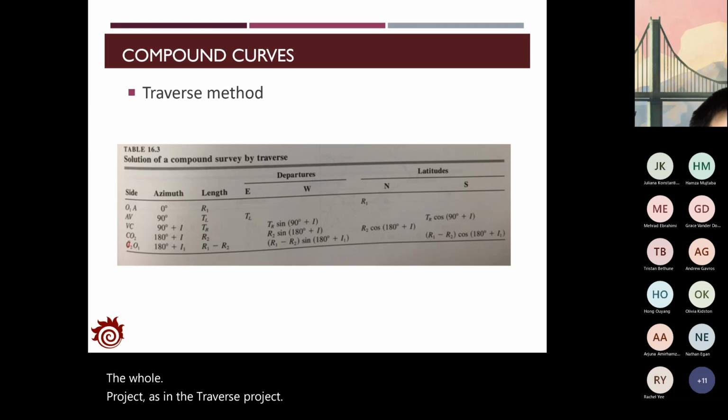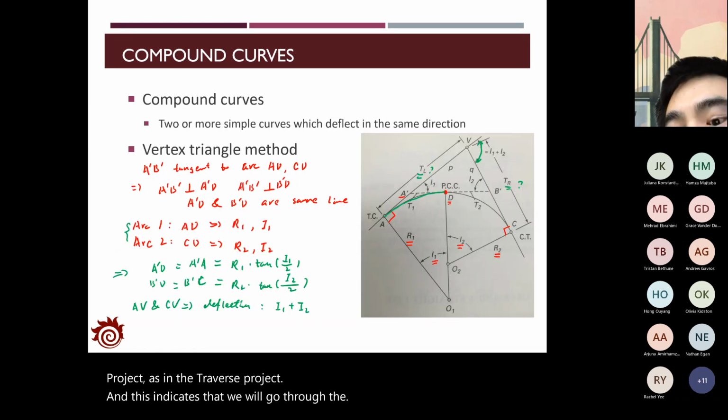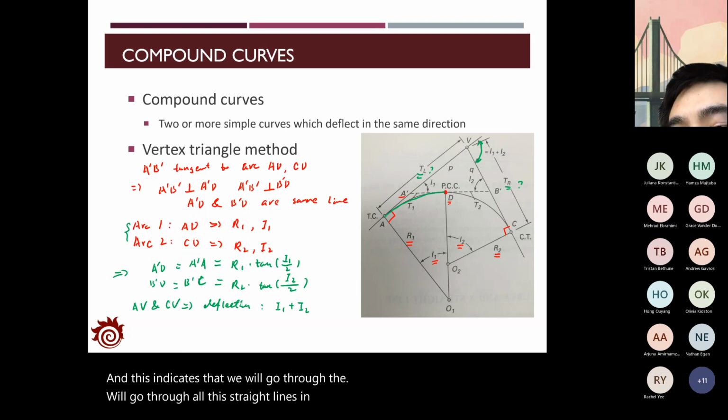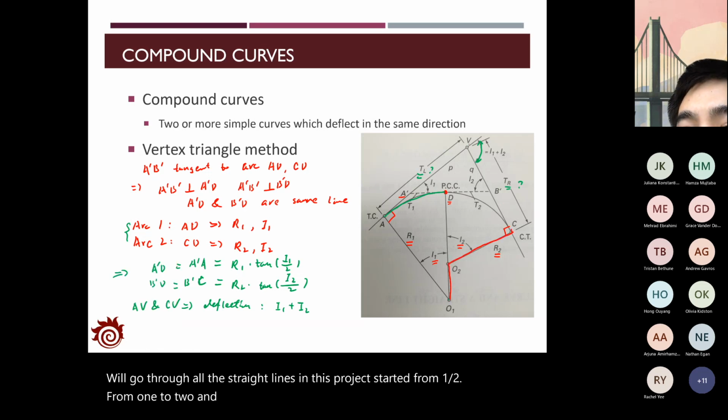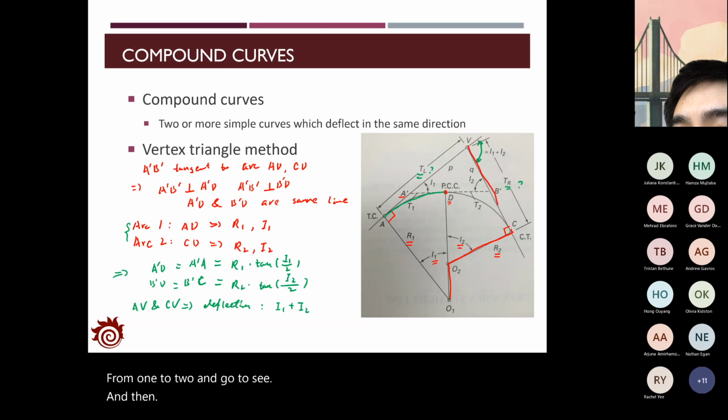This indicates that we will go through all the straight lines in this project, starting from O1 to O2 and going to C, and then connect C to V, V to A, and A back to O1.